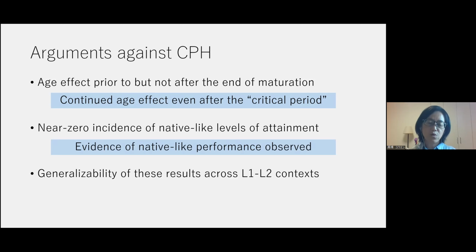And the third point often argued by the critical period supporters is that because this is a natural occurrence, the critical period is, so it doesn't matter how similar or how different L1 and L2 are, the results should be generalizable.